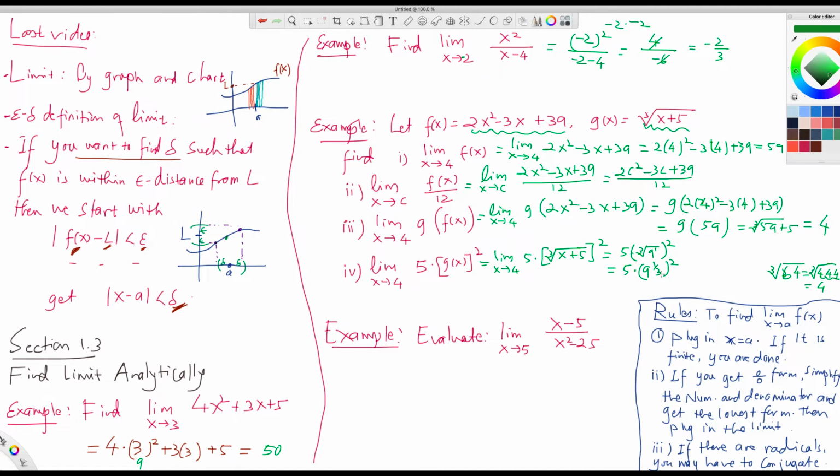So 9 to the 1/3. How can you write that 9? Can you write 3 squared? So it is like 5 times 3 squared to the 1/3, because 3 squared is 9, right? Times 2, because that square is 2. So ultimately you will be able to write this as 5 times 3 to the 4/3.